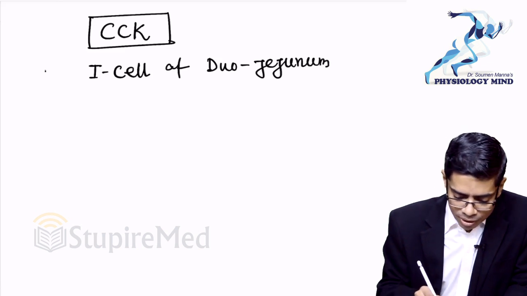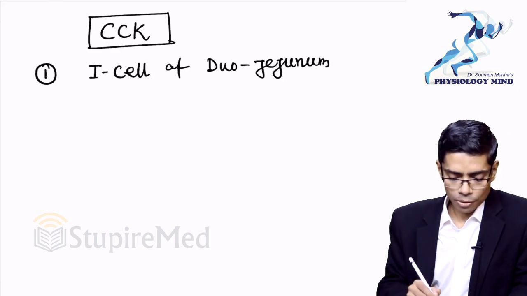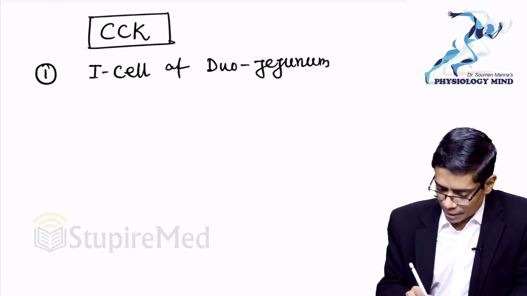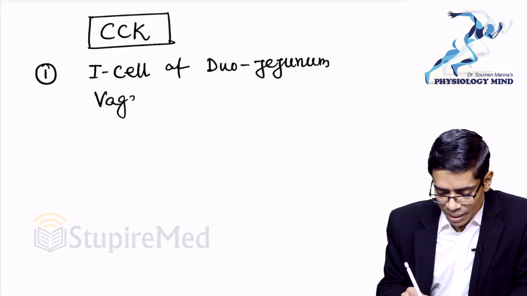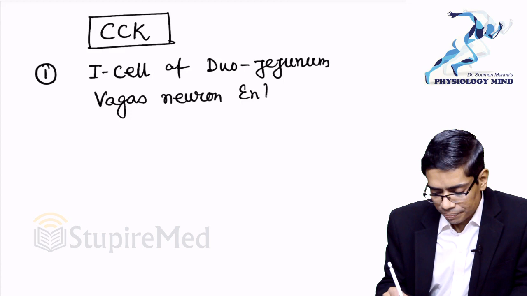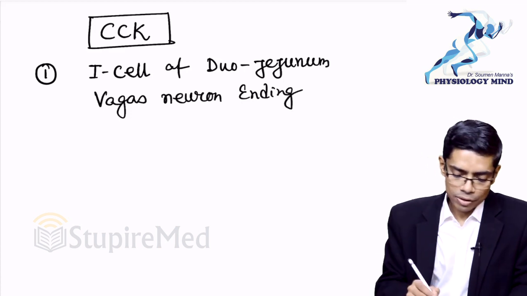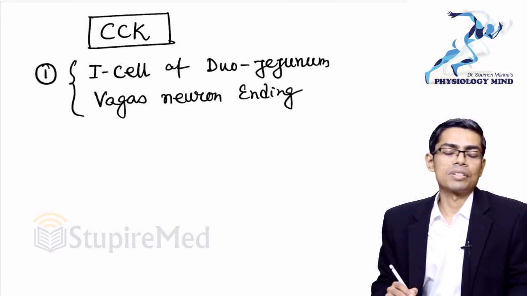So this is produced by the I cells of the duodenum and jejunum. Also CCK is secreted by vagus neuronal endings. So these two are the sources of CCK.